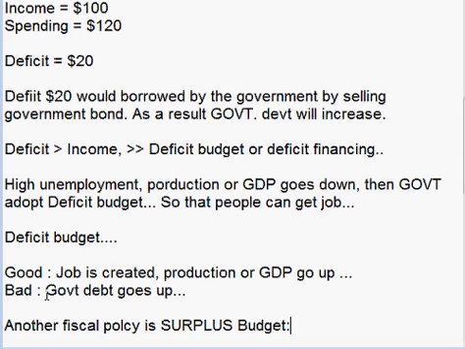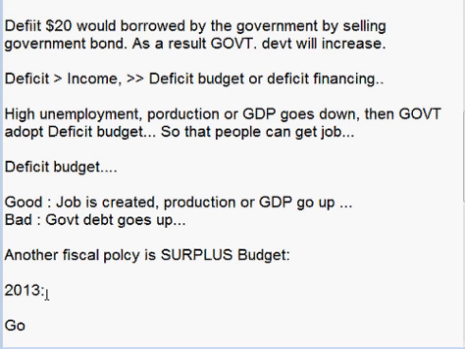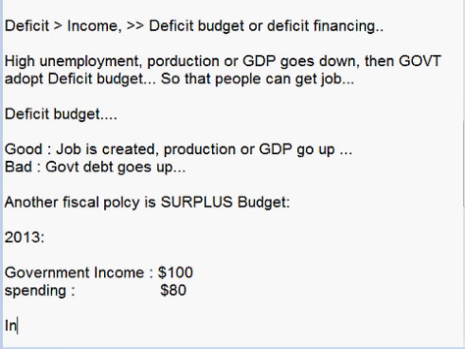Here, surplus budget means, suppose for a particular year, 2013, the government's targeted income is $100, but the government's targeted spending for the economy is $80, meaning that government income is greater than spending or budget.